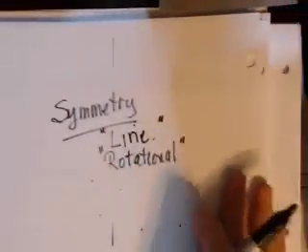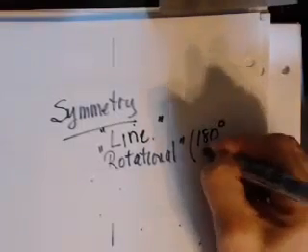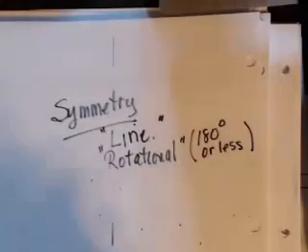But if I turn it 180 degrees, it does map onto itself. So we would say that this rectangle has rotational symmetry because we can do a 180 degree or less turn and have the shape map to itself.